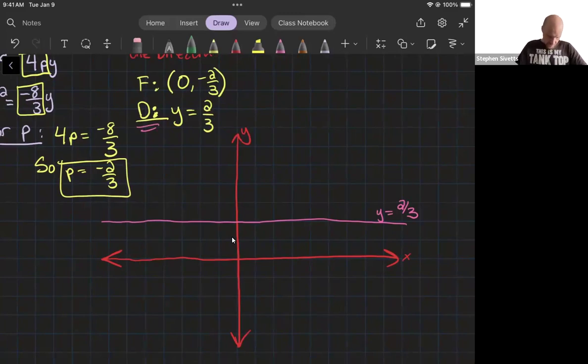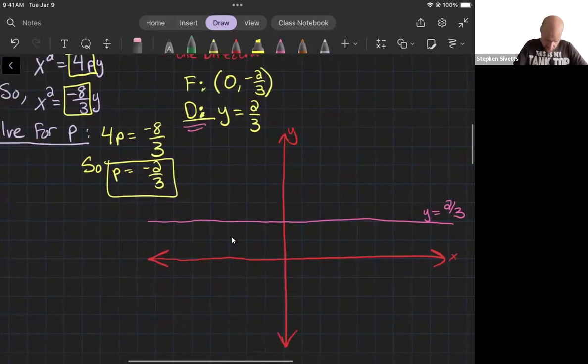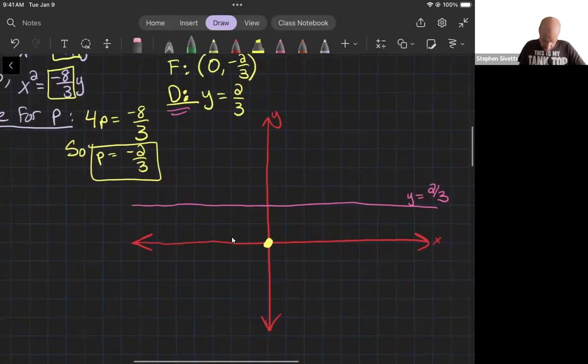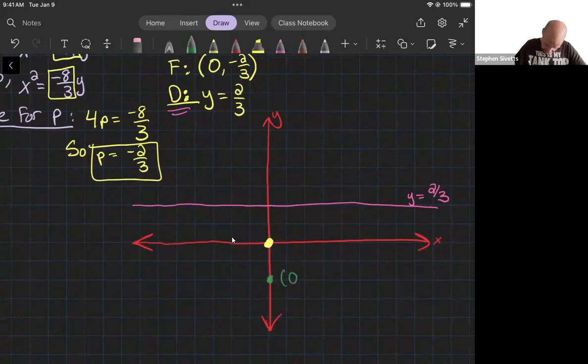And the vertex is at the origin, right? So we're going to start off here. Okay. And what we want to do is plot out the focus, so this should be the same distance. So I'll say this is the focus right here.